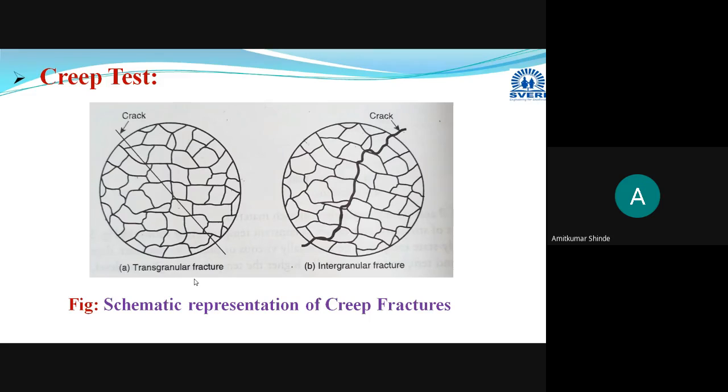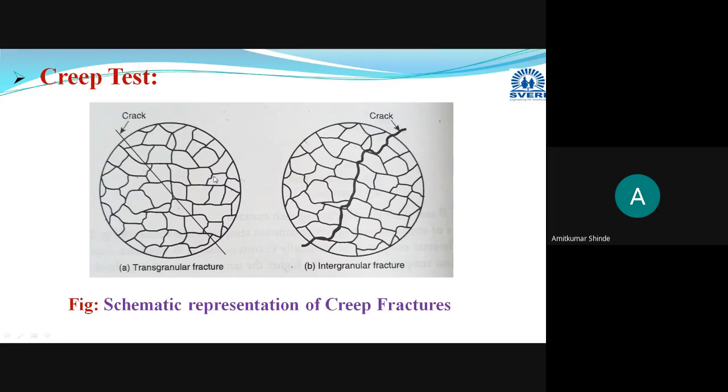Now, to understand which type of crack will form at low temperature and which at high temperature, you should understand a few concepts. Whenever the working temperature is low, the grain boundaries are stronger than the grains.